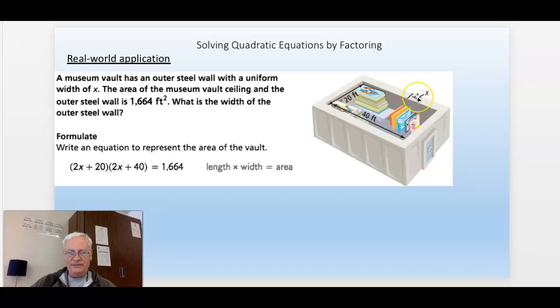We'll call it x. So length times width is the area: 2x plus 20 and 2x plus 40. That's the setup. It equals the total area. Length times width equals the area.